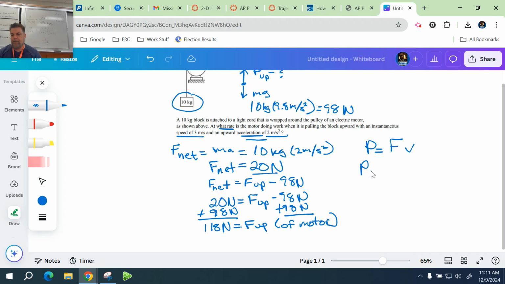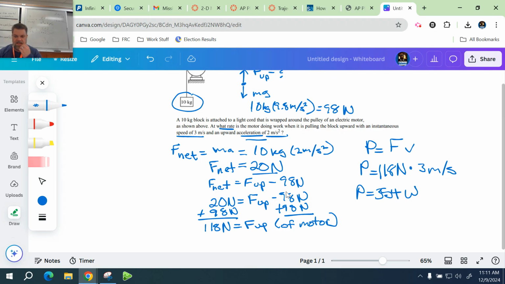But the force is 118 newtons times the velocity, which is 3 meters per second. When you do the math on that, it is 354 watts.